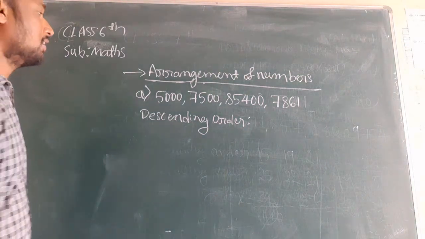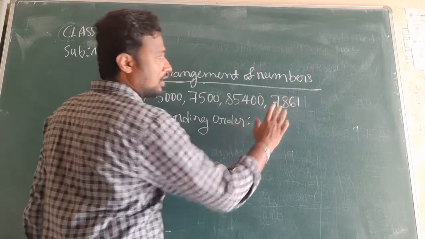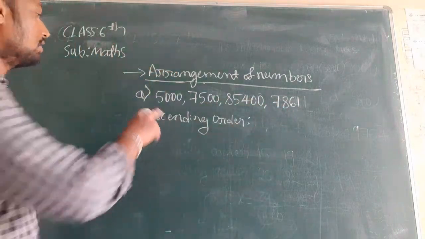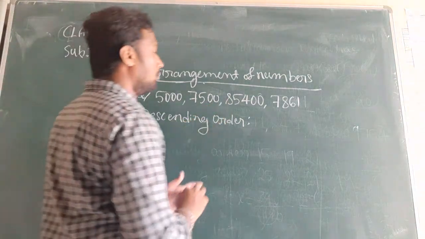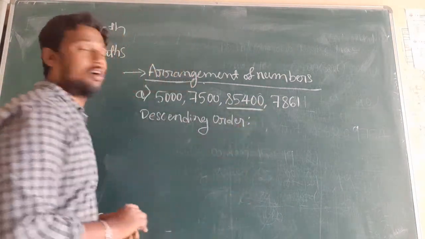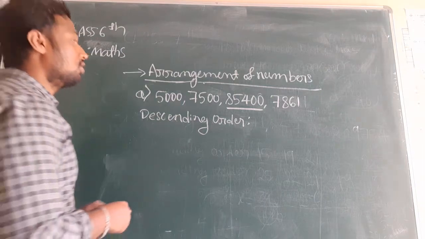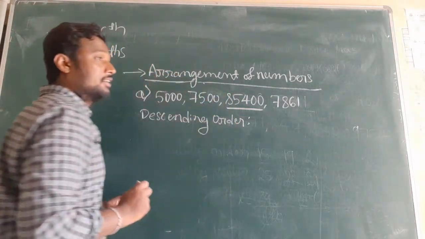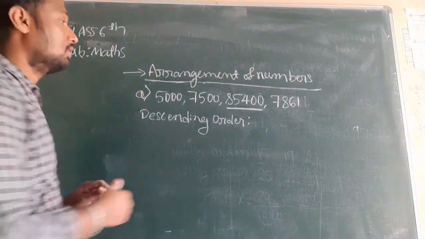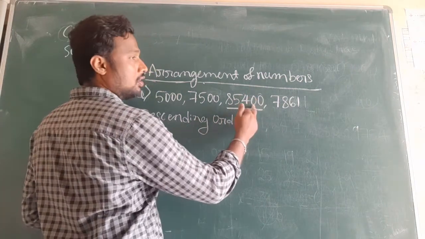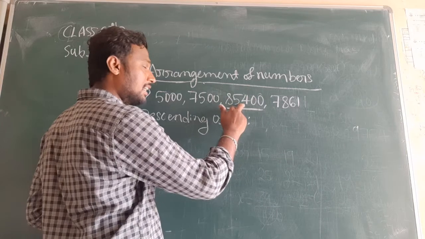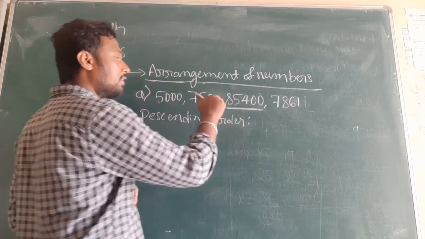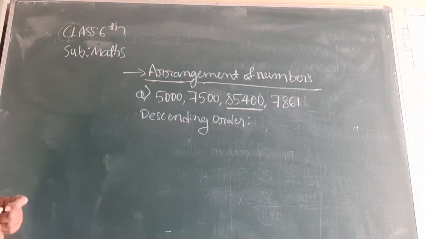You can see all these three numbers have 4 digits, and this number has how many digits? 5. Therefore this has a 10,000's value. This is units place. Units place means ones place, after that tens place, hundreds place, thousands place, next what you have? 10,000's place.